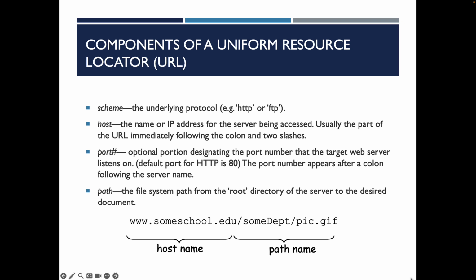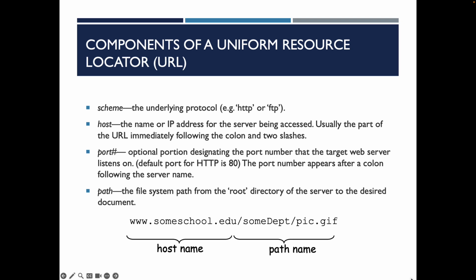That HTTP or HTTPS is the protocol, the scheme, of the communication, followed by what we often refer to as a domain name, but more generally the host. It can be the name or the IP of the server being accessed.